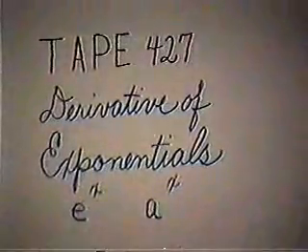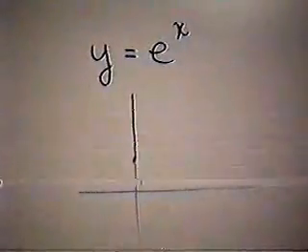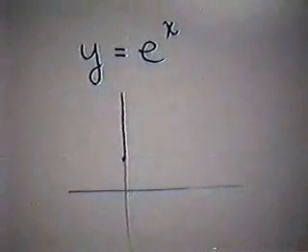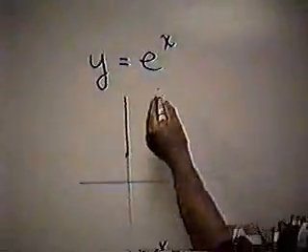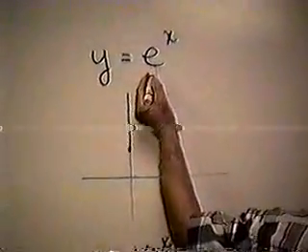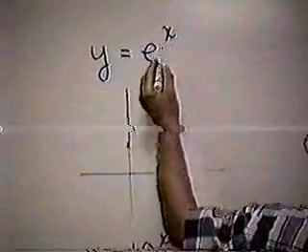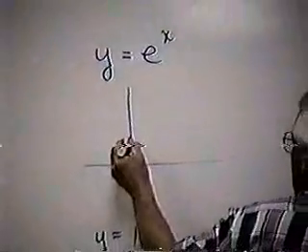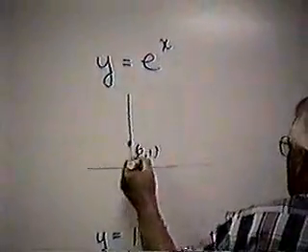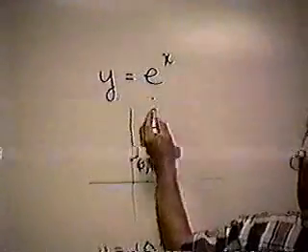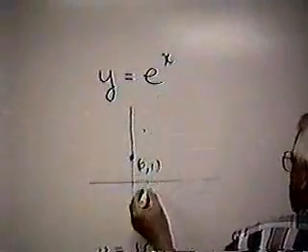Alright, the first thing let's do is get in the mind the graph of e to the x. We'll use this at different times in application problems. So the graph of e to the x is this. If I let x be 0, e to the 0 power is 1. So it'll cross at 0, 1. Now if I let x be 1, then that's 2.7. So when it's 1, it's up here at 2.7.